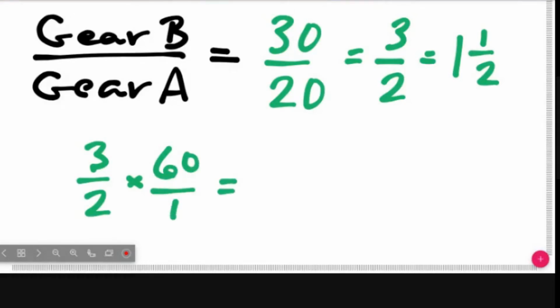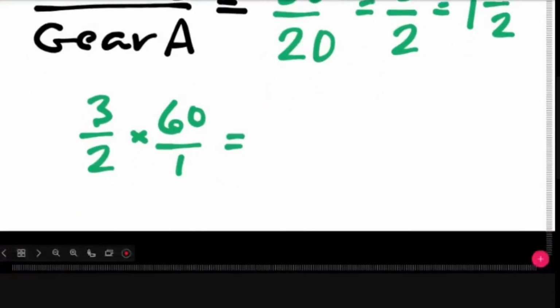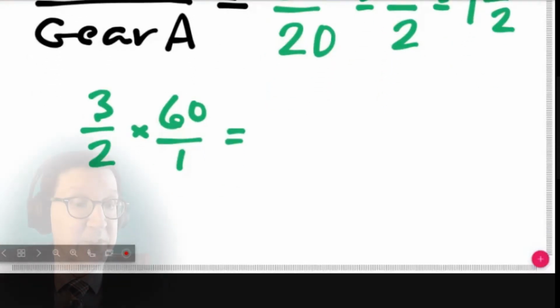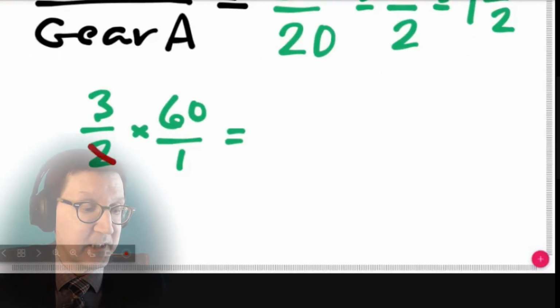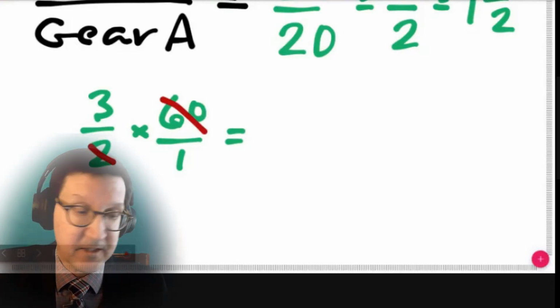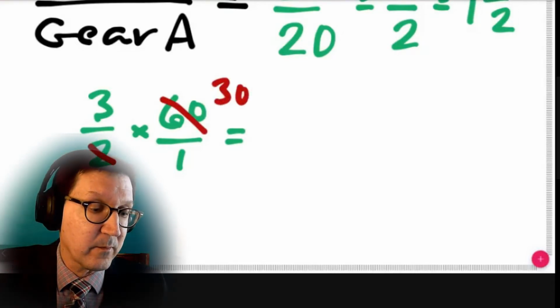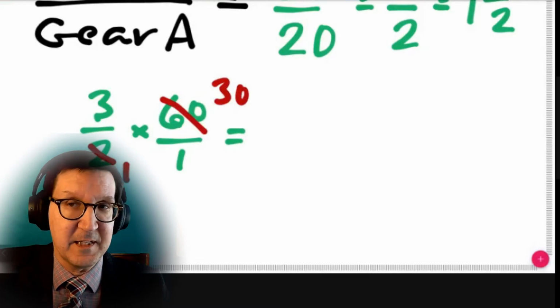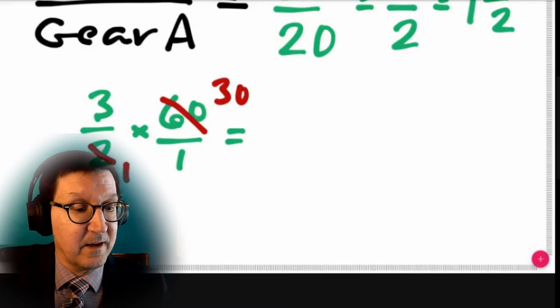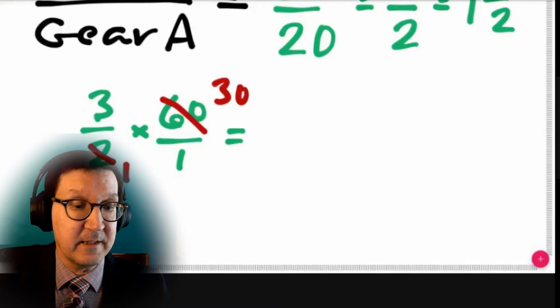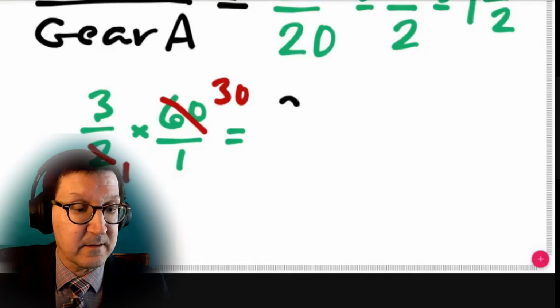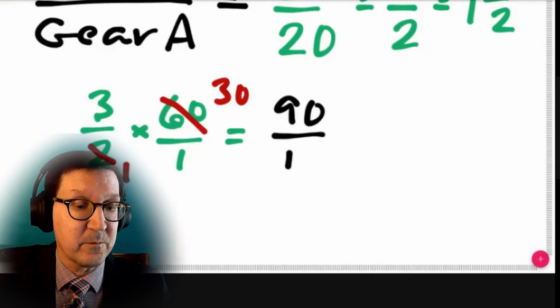That looks like this. Now, we can cancel some of these numbers out, right? We can say that 2 goes into 60 30 times. So that makes things a little easier. And 3 times 30 is 90, correct? 90/1.